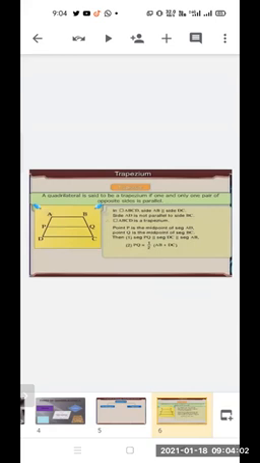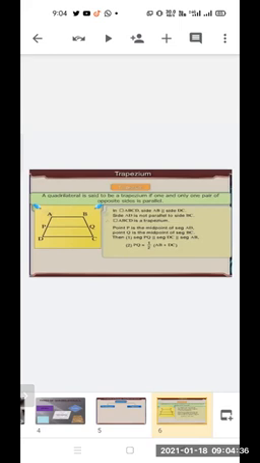Okay. So in that we have discussed, children, the midpoint theorem and also the converse of the midpoint theorem. But before that, let us discuss what the median of a trapezium is. So what is the median, children? The median is the segment joining the midpoints of the non-parallel sides of a trapezium.